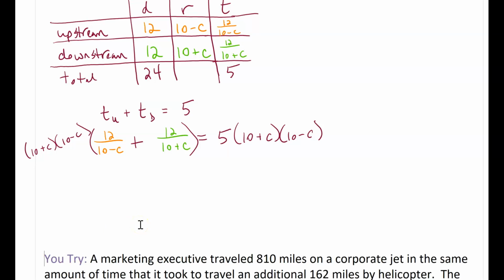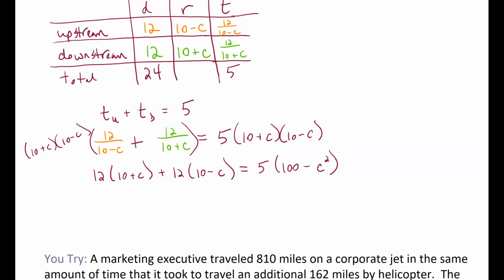All right, so for our first one, the 10 minus C's will divide out, leaving us with just 12 times 10 plus C. The next term, the 10 plus C's divide out, leaving us with 12 times 10 minus C, equal to, and then on the other side, I'm going to have to multiply everything out, so I'll do that in one step here. What is 10 plus C times 10 minus C equal to? 100 minus C squared. All right, because it's the difference of two squares.